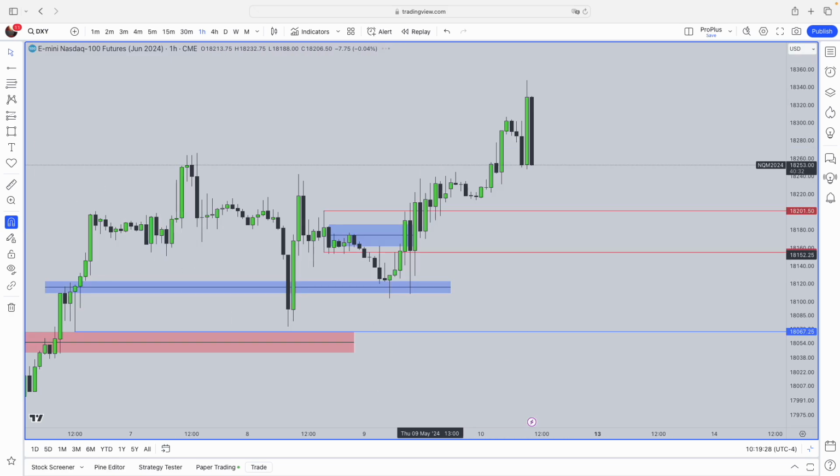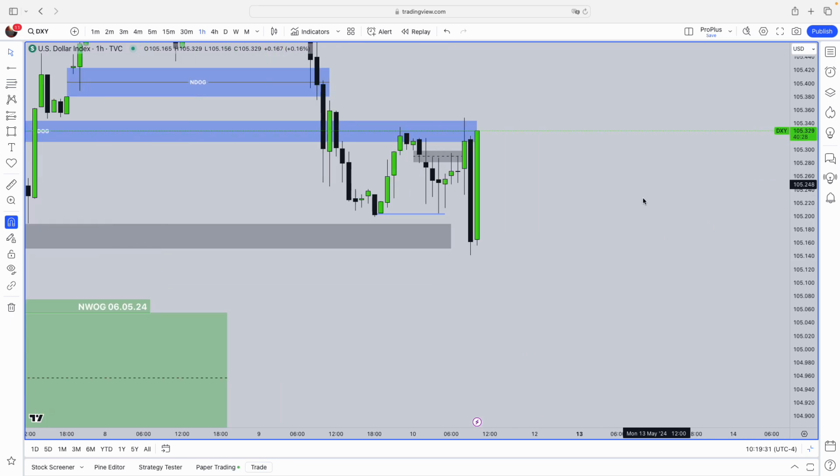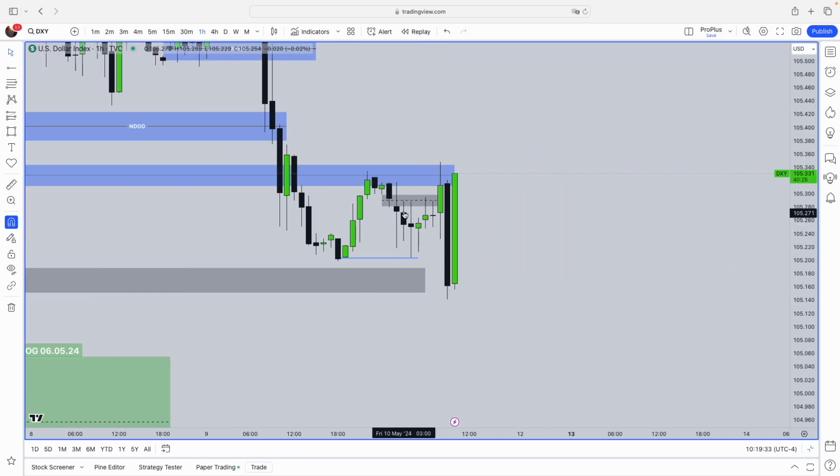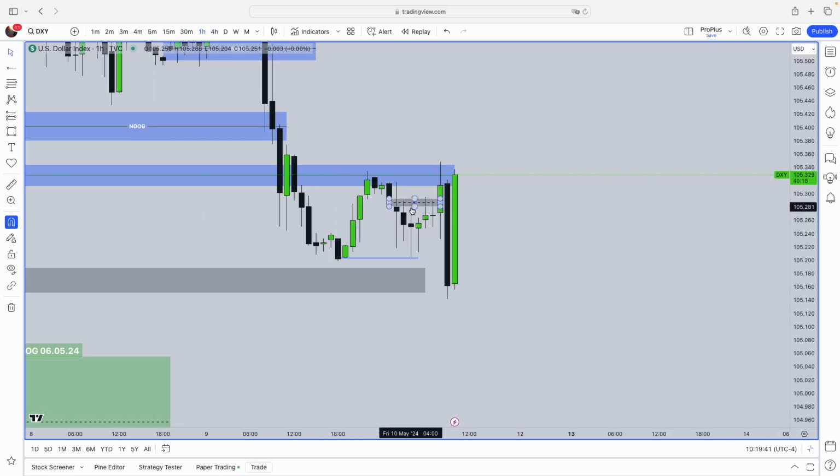Let's look at dollar here. So dollar, on the other hand, had this volume imbalance here. Might have been on the 4 hour. No, it was on the 1 hour. So there's volume imbalance here, which was rejecting. Traded up higher, took out buy side.